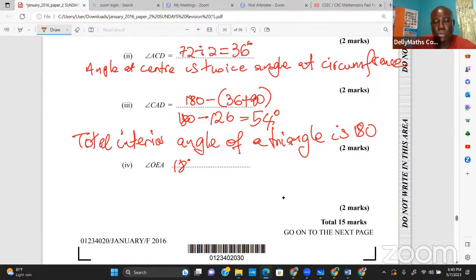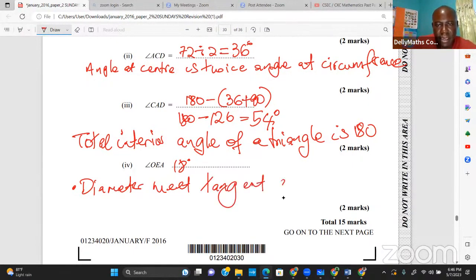What did we do? We do a number of things. We're talking about diameter meets tangent at 90 degrees.